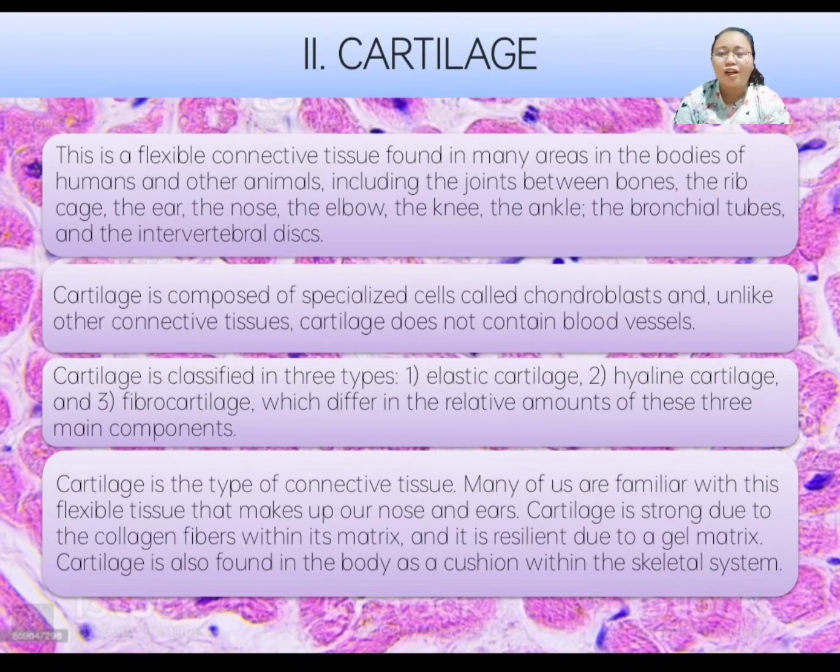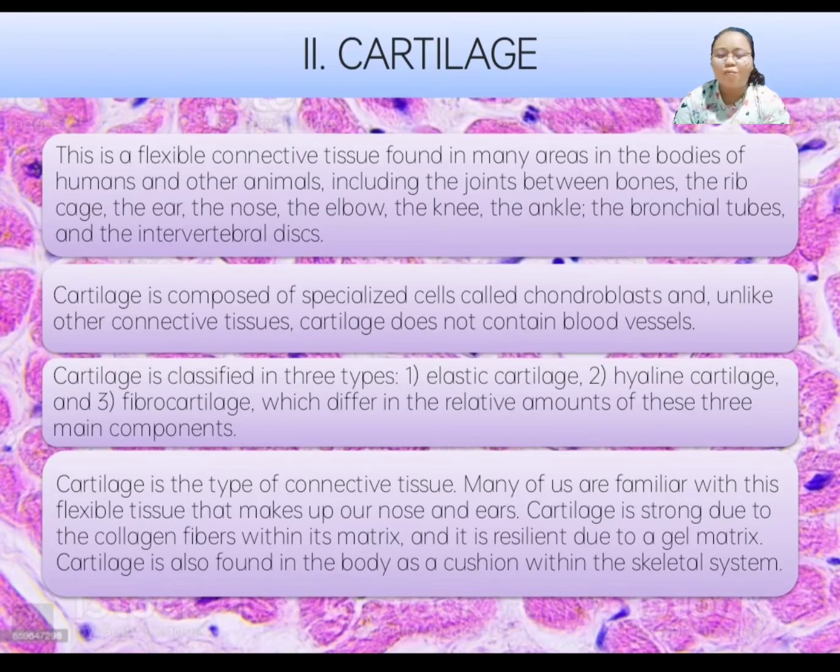So cartilage is classified into three types. These are elastic cartilage, hyaline cartilage, and fibrocartilage, which differ in the relative amounts of these three main components.